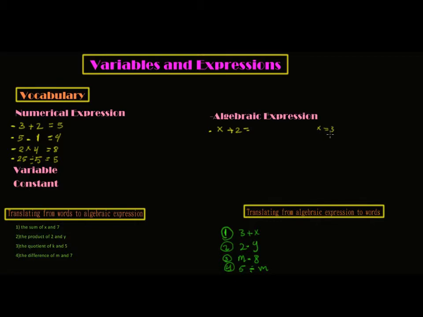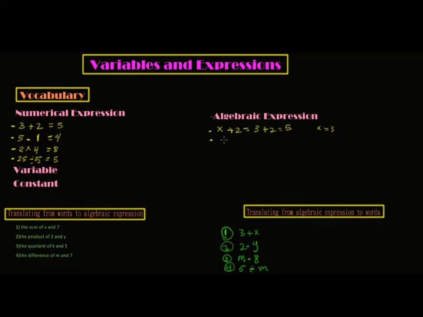You just plug in x equals 3 and then find the answer. So in an algebraic expression, you can't find the value of the expression until you know the value of the symbol. Here x equals 3, so I plug in 3 plus 2, and now I can find the answer, 5.